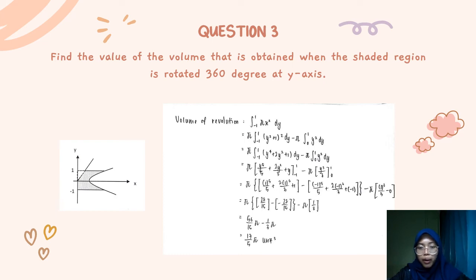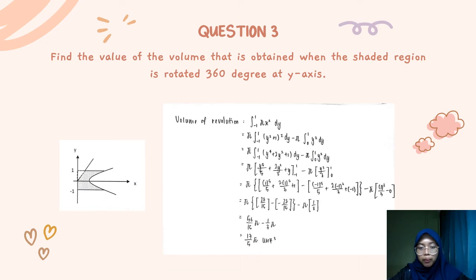And then we will get pi, y to the power of 5 over 5 plus 2y cubed over 3 plus y, from negative 1 to 1, minus pi, y cubed over 3, from 0 to 1.